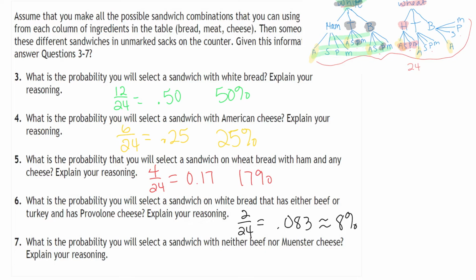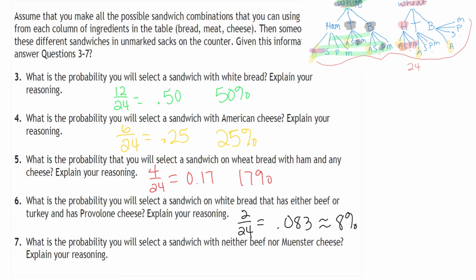Okay, and then what is the probability, let me change colors real quick, that you will select a sandwich with neither beef nor Munster cheese? Well, neither beef nor Munster. So we need to highlight the ones that don't have beef and don't have Munster.